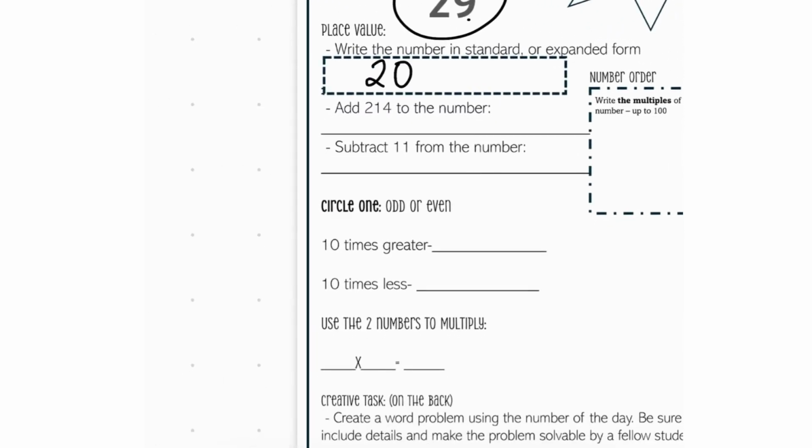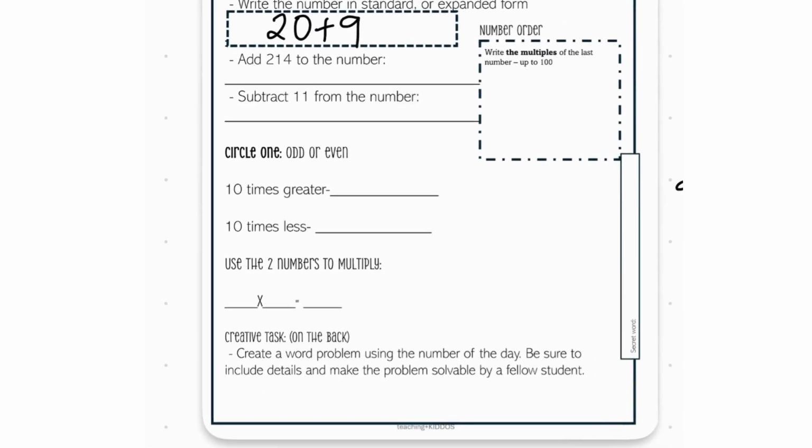So 20 plus 9. Now, if we were to take the number 29 and add it to 214, 214 plus 29, we're going to start in our ones place. Make sure you've lined everything up. Sometimes if you get the wrong answer, it's simply because you haven't lined up your numbers. In our ones place, we have 4 plus 9, which equals 13. Carry the 1 up.